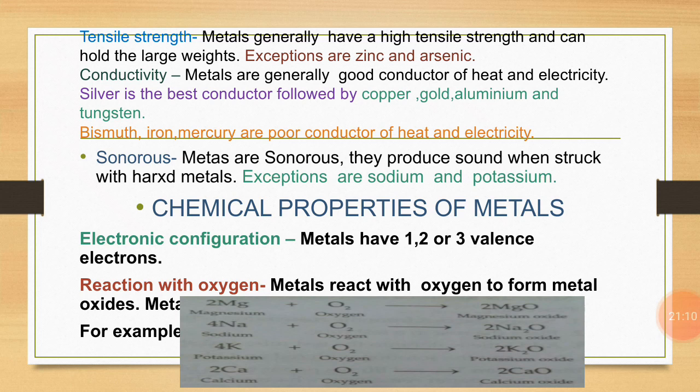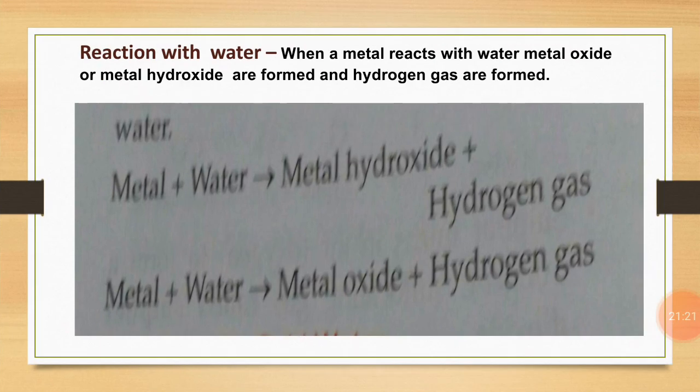Next, the physical property of the metal is their reaction with water. Now we are going to learn about the reaction of metals with water. When metals react with water, metal oxide or metal hydroxide is formed, plus hydrogen gas is also formed.